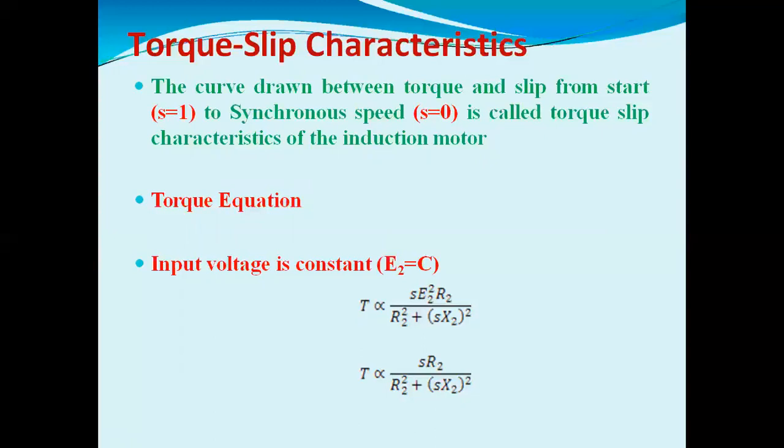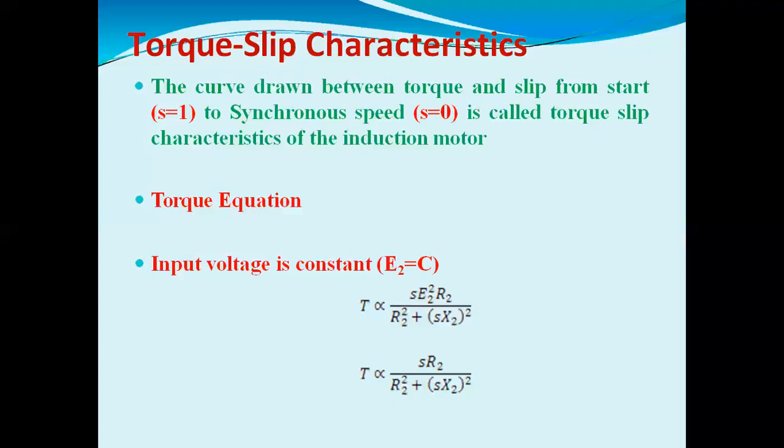So this is the torque equation: when the input voltage is constant, the torque is proportional to S E2 square R2 divided by R2 square plus S X2 square. Here S E2 is generally the secondary voltage that is induced in the three-phase induction motor, and R2 and X2 stand for the resistance and the reactance on the secondary side.